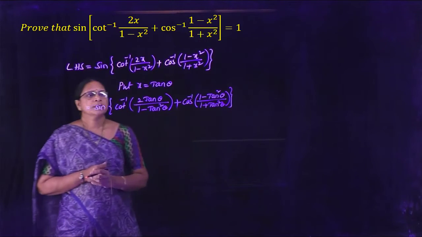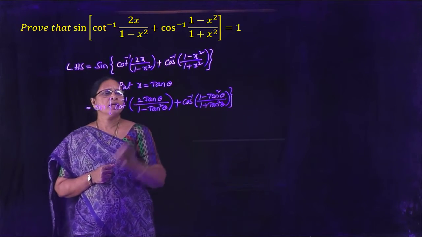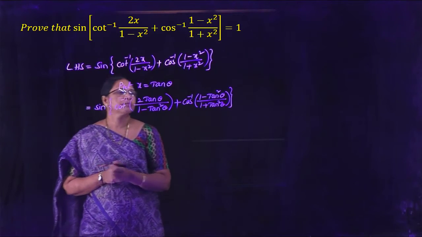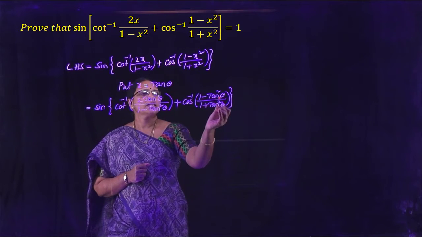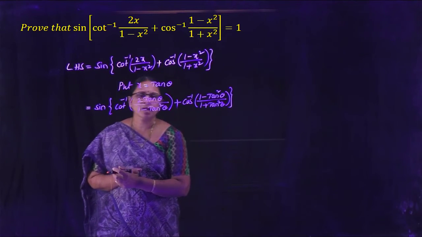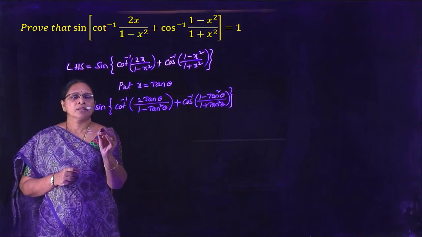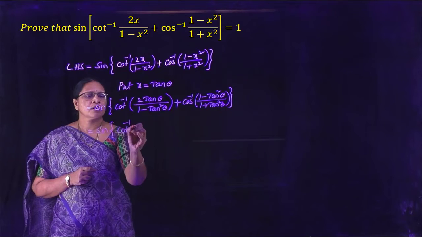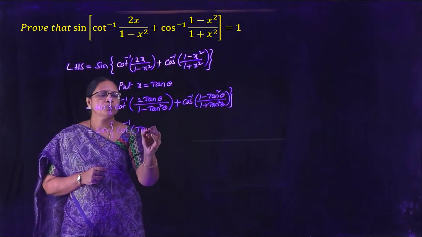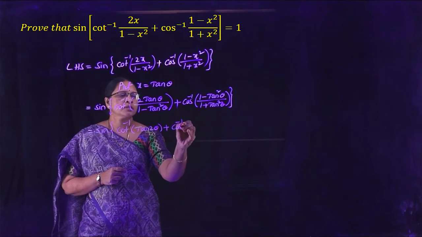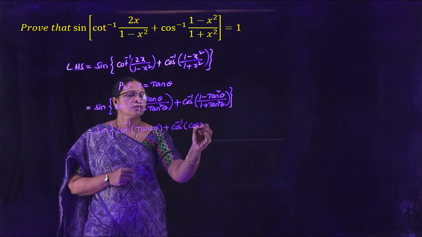We know that 2 tan theta by 1 minus tan square theta is tan 2 theta and 1 minus tan square theta by 1 plus tan square theta is cos 2 theta. That is sine of cot inverse of tan 2 theta plus cos inverse of cos 2 theta.